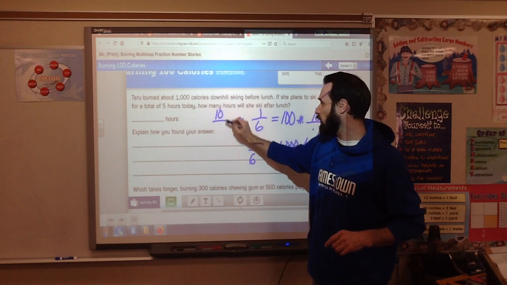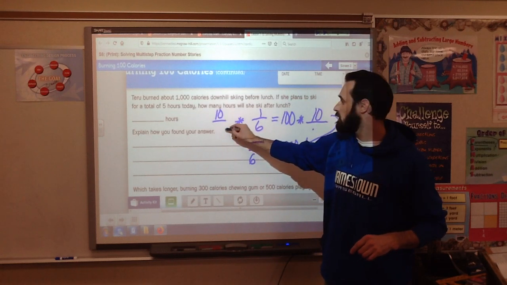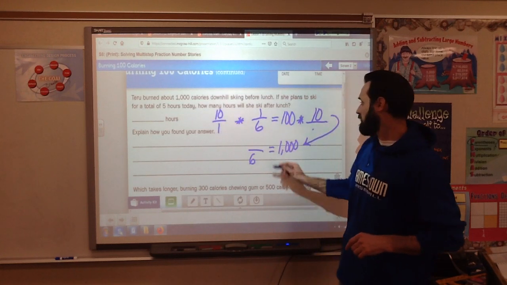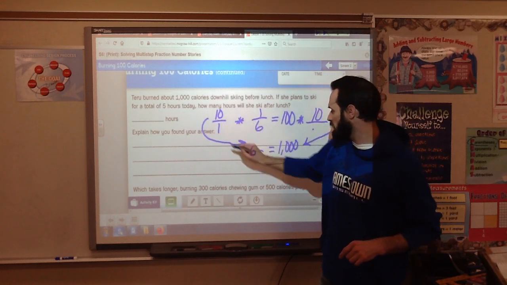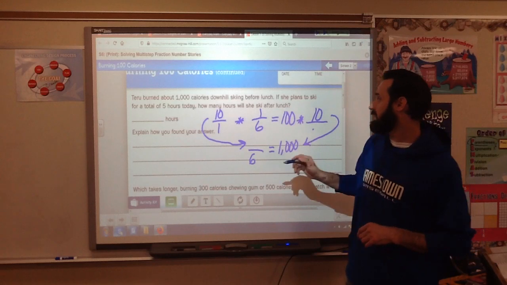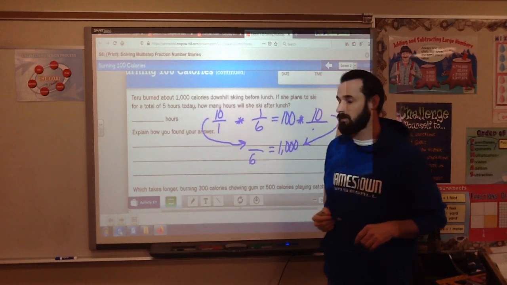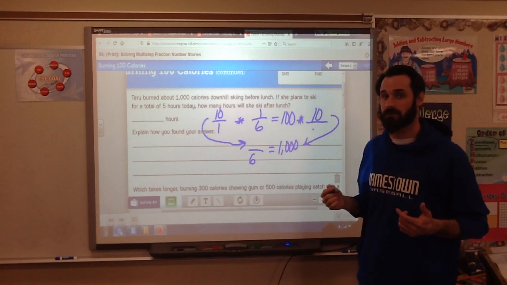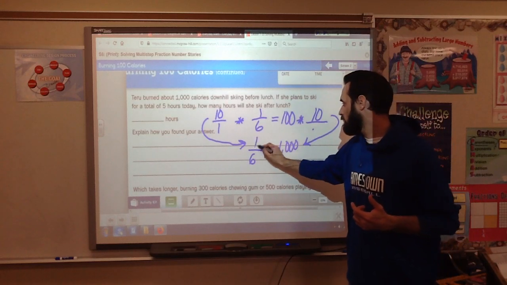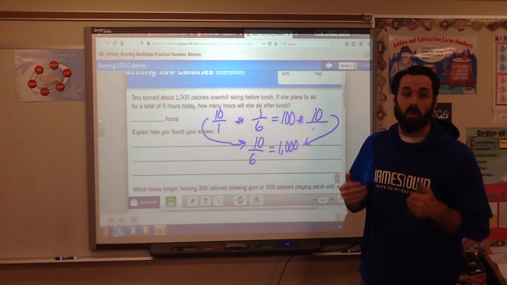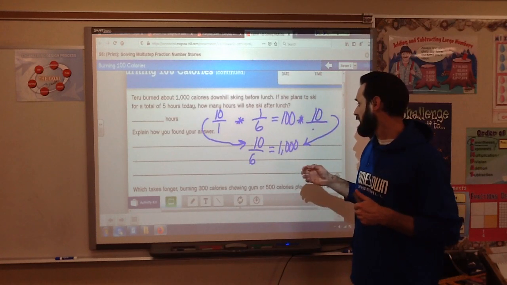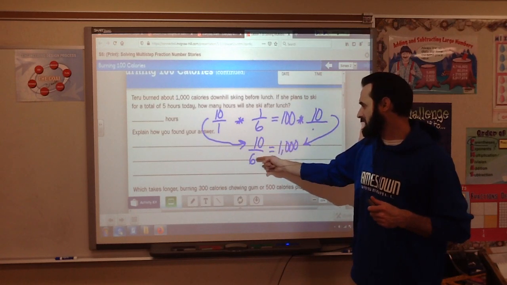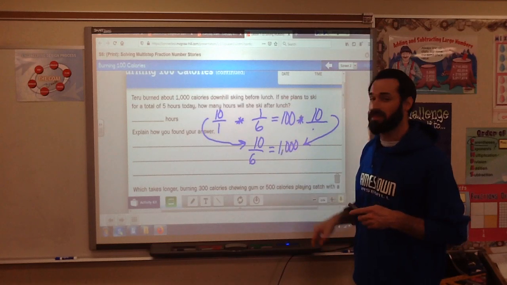If we take it times 10, what's my denominator? 6 times 1 is 6, so we got the right denominator. Now you have to do 1 times 10. What's 1 times 10? 10.